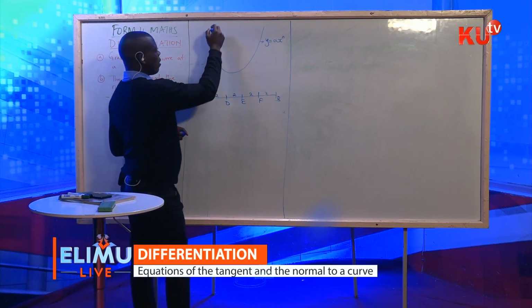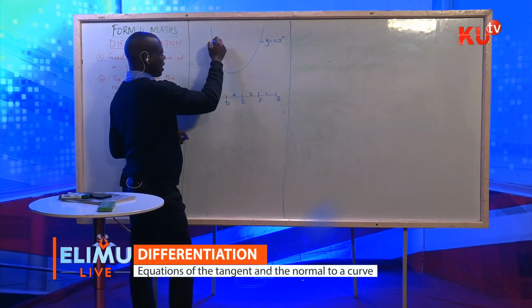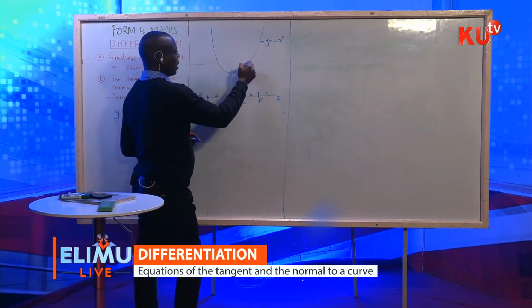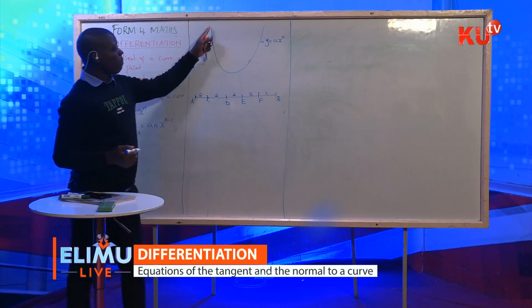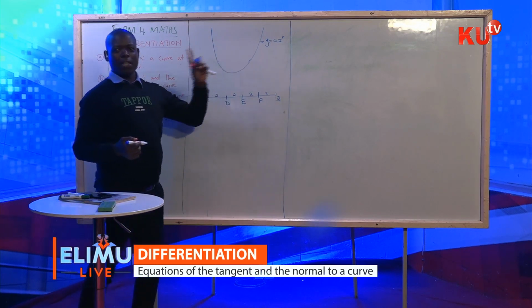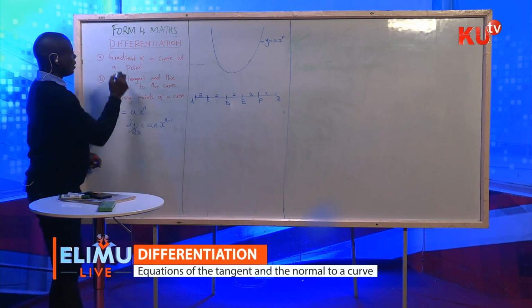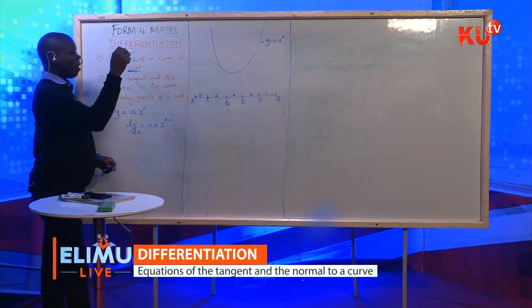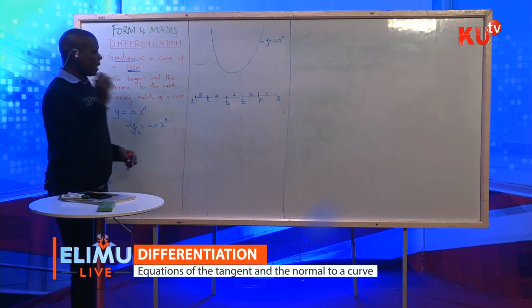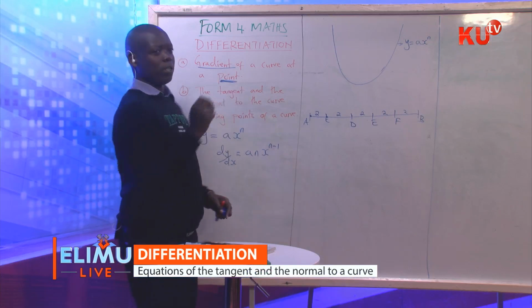But as you will see on the curve, as the curve turns, it keeps changing the gradient. The gradient keeps on changing from point to point. And that is why in the determination of gradient of a curve, we must emphasize it is not across or along the whole curve, but at a particular given point.